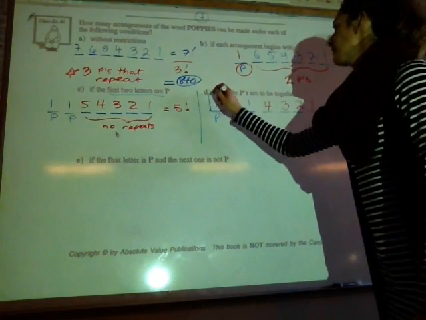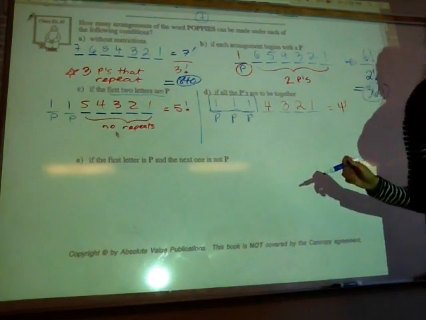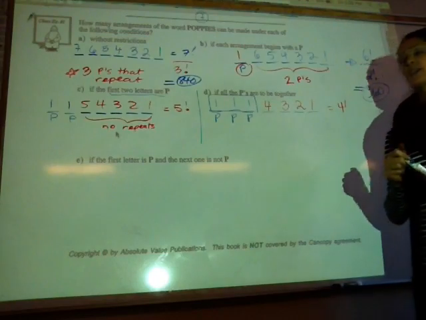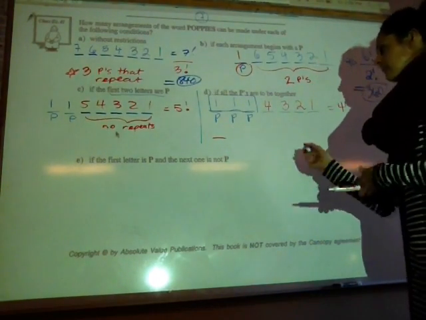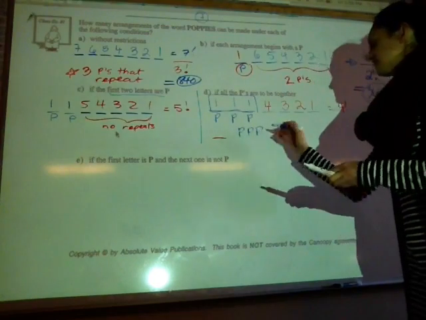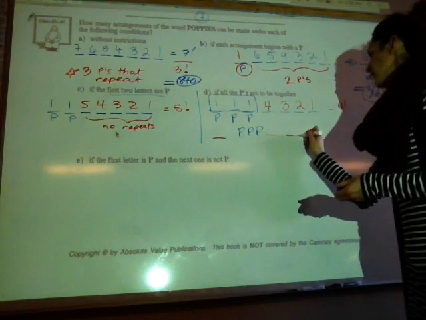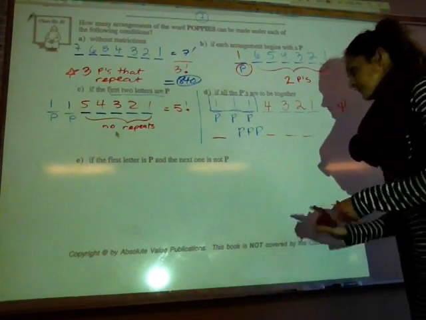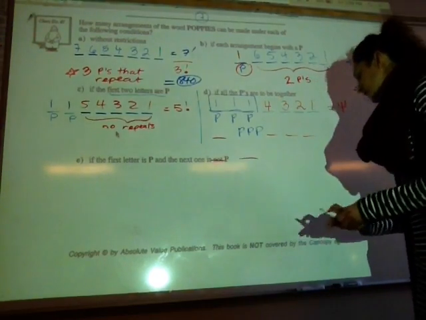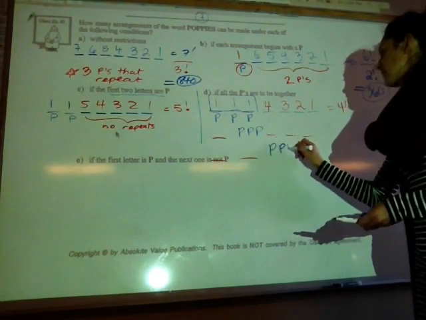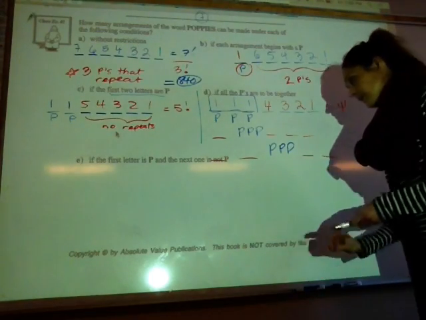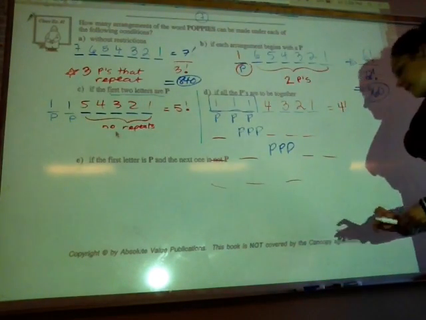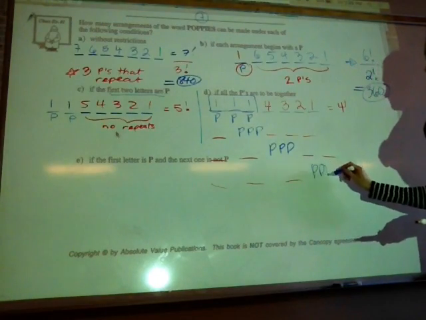Okay, so here it says if all the P's are together. Well, the P's could be together in that first spot, or the P's could be together in the second spot, or the P's could be together in the third spot, or they could be together in the fourth spot.